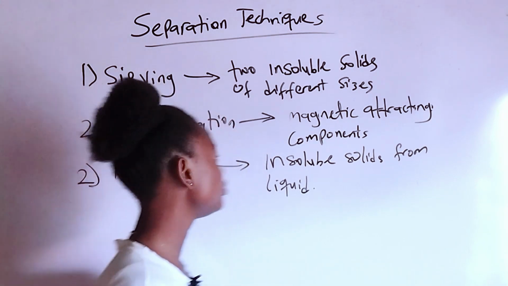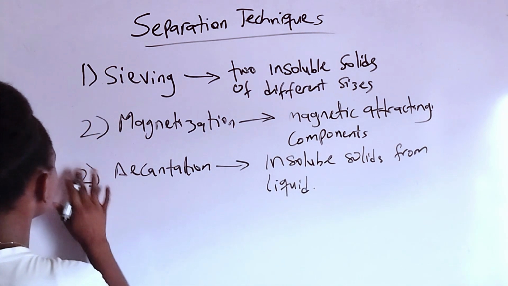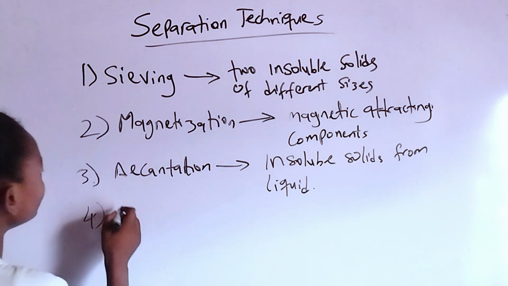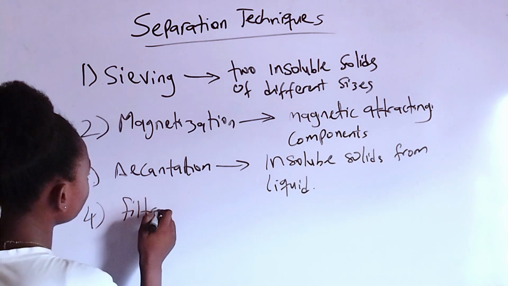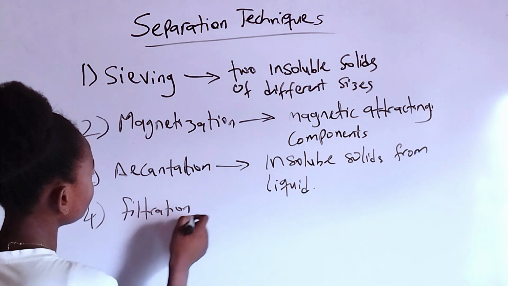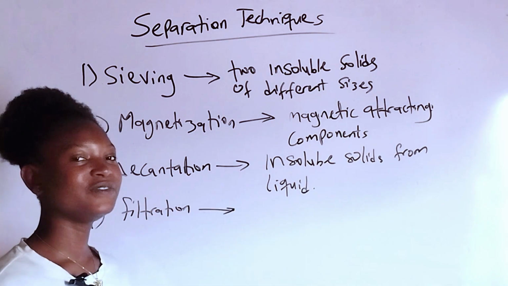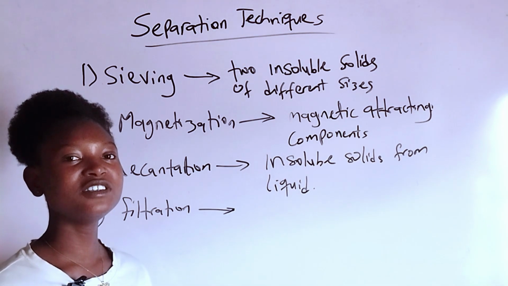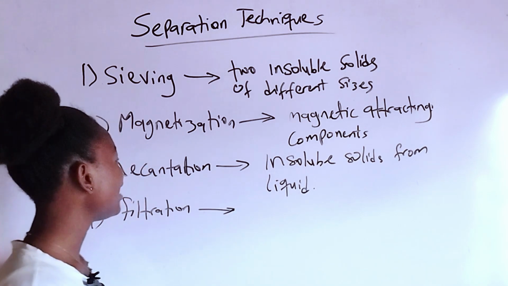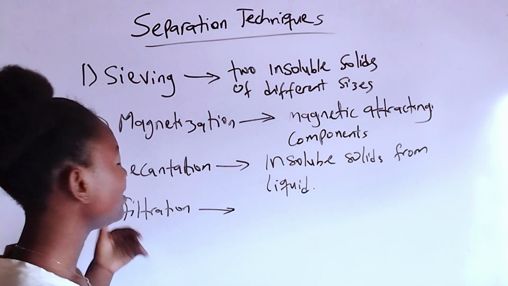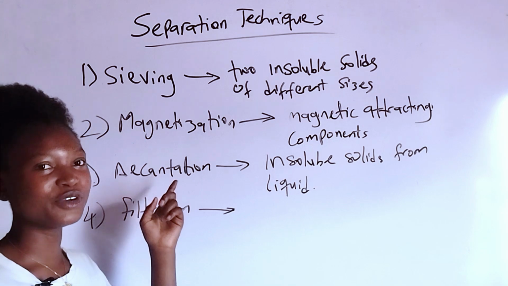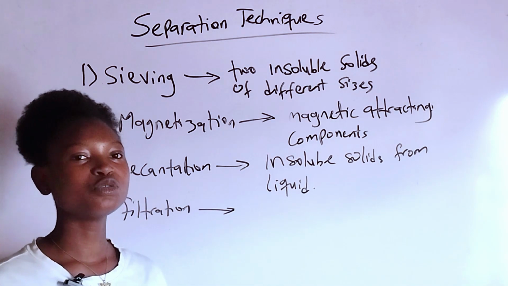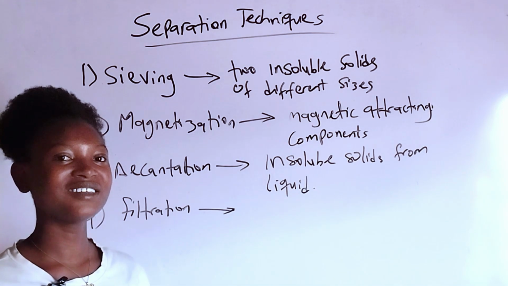Another method that we can use, this is number three, is filtration. This is a method of separating an insoluble solid from our mixture. Looking at it, it relates to decantation, but remember I said in decantation you allow your solid to stand maybe for hours, for days.